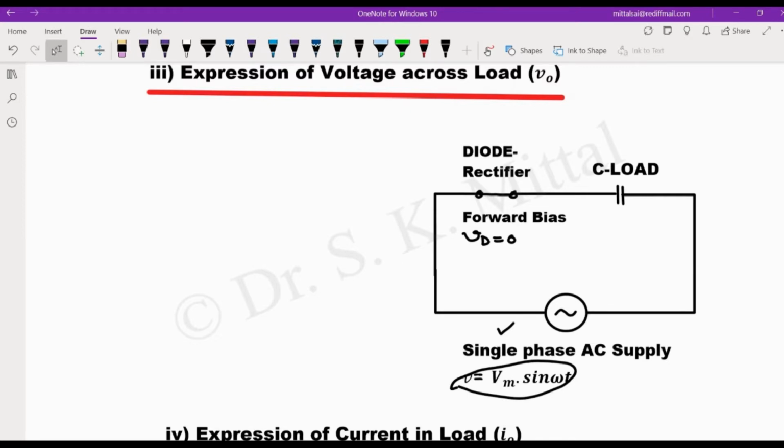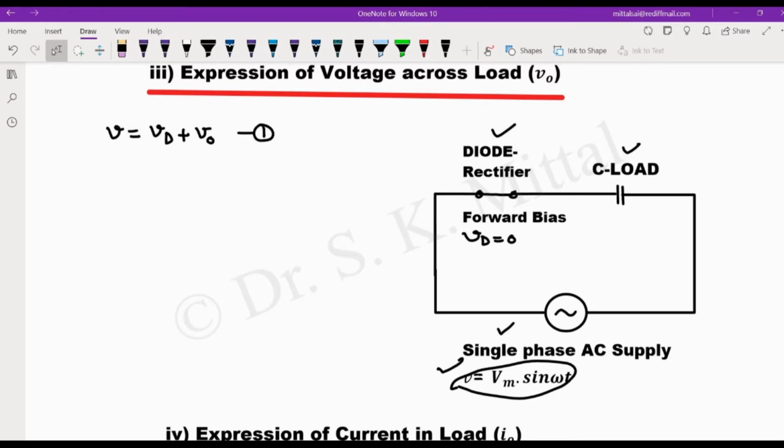Then the supply voltage V equals the voltage across the diode plus the voltage across the load, meaning V0, because the diode as a rectifier and this capacitor load are both connected in series across this single phase supply.